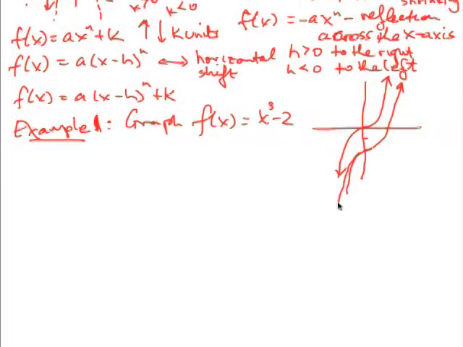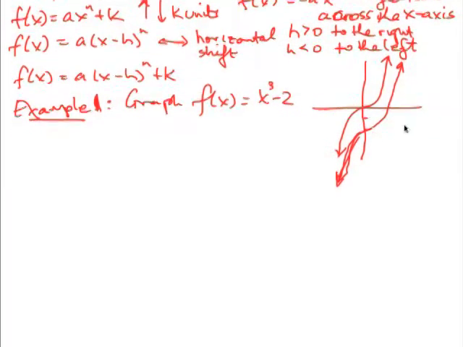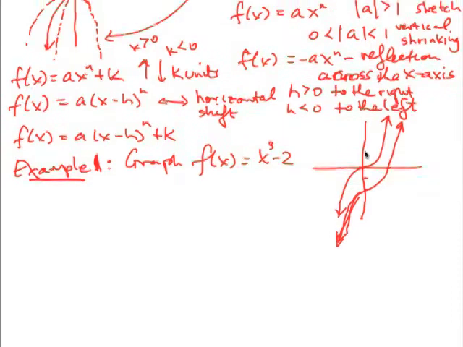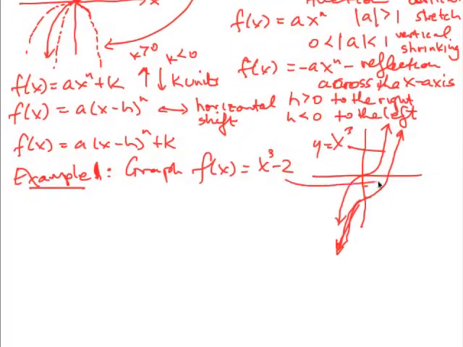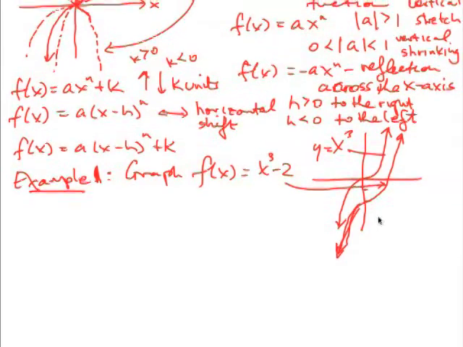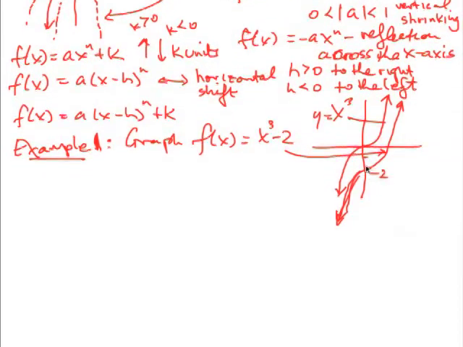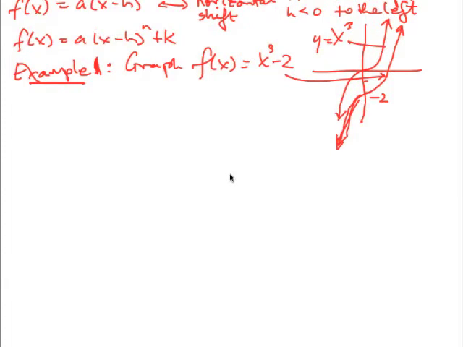And it looks like this. Okay. All right, so here's our x cubed. And this is going to be our x cubed minus 2, where we go down 2 units. We drop all of it down 2 units.